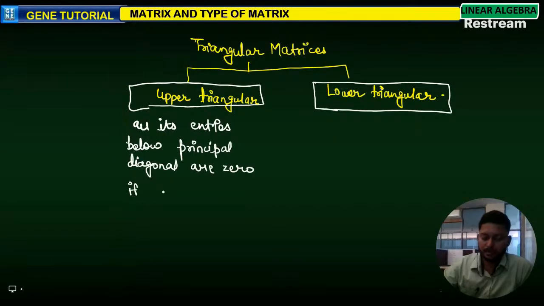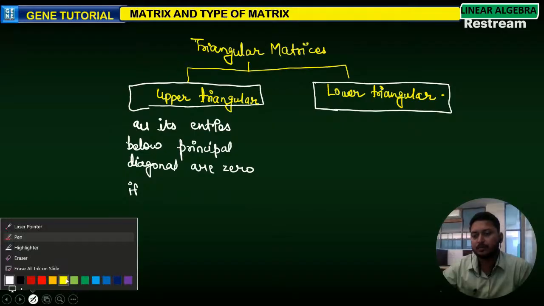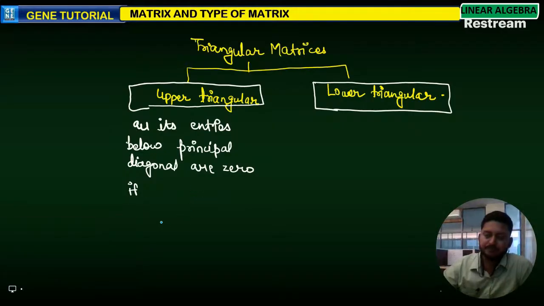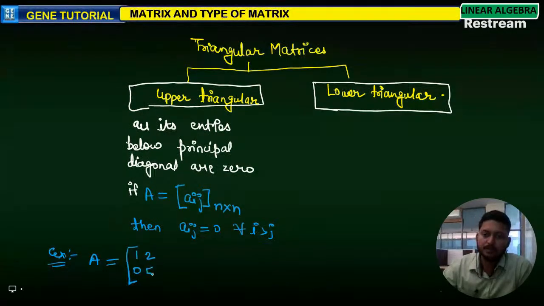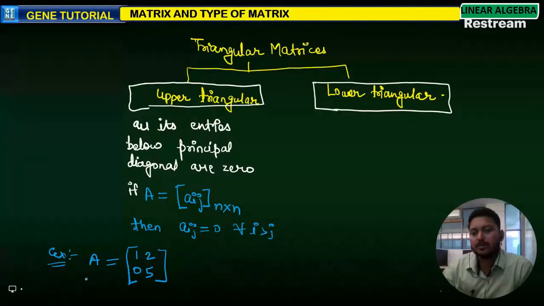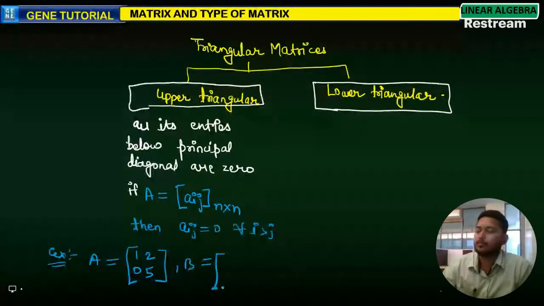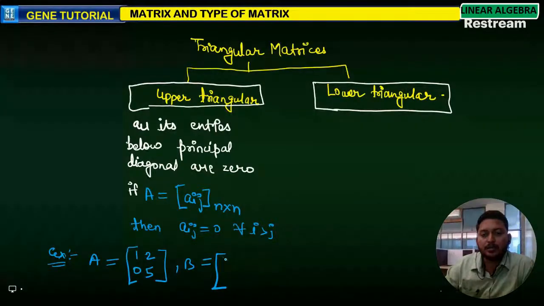Here is an example of an upper triangular matrix. We write A equal to Aij, n cross n, because it is a square matrix, where Aij is zero for i greater than j. For example, A equal to 1, 2, 0, 5 is a 2 cross 2 matrix. Take another matrix B with entries 0, 1, 0 and 2.